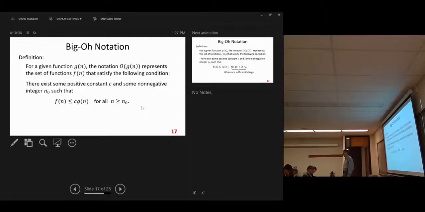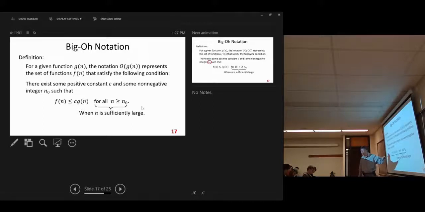Usually for this condition, we say when n is sufficiently large. But what's the meaning of n sufficiently large? This n0, you can choose any number.